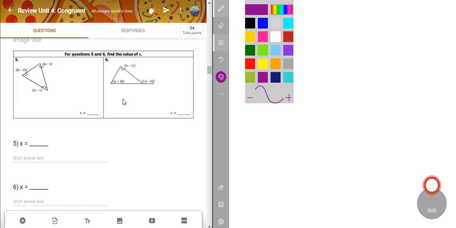Number 5. We've got a triangle. This angle is 3x minus 1. This one is 6x minus 5. And this one is 8x minus 35. Alright, so those are all interior angles based on the arrows they drew for us.